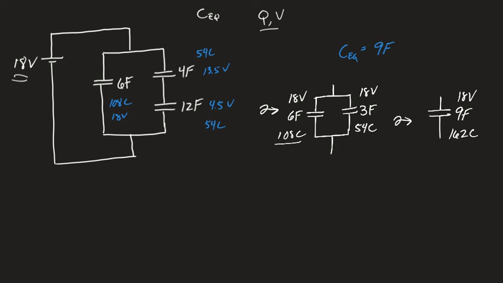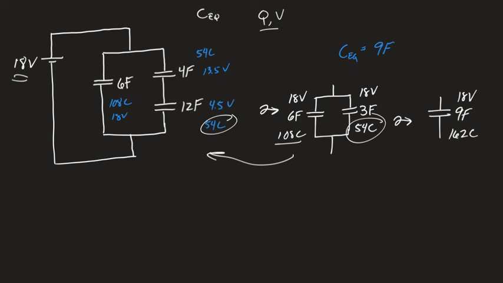It's a way to check your work. But you don't add all 3 of those together. You just add those 2. Because when we go from here to here, we're going to take that 54 and apply it to both. So don't think that we're actually storing 108 plus 54 plus 54 coulombs of charge.